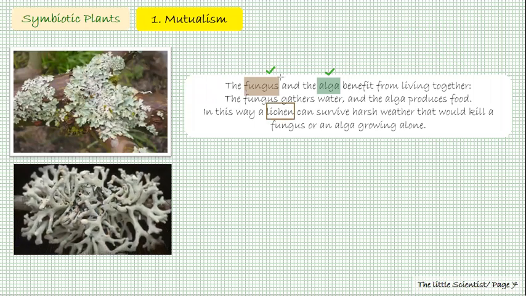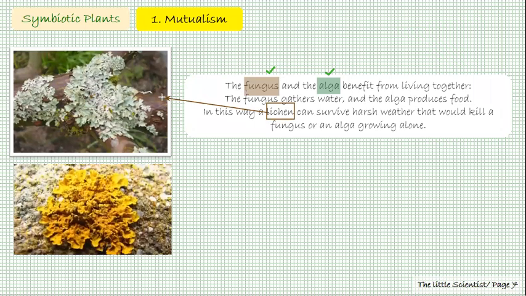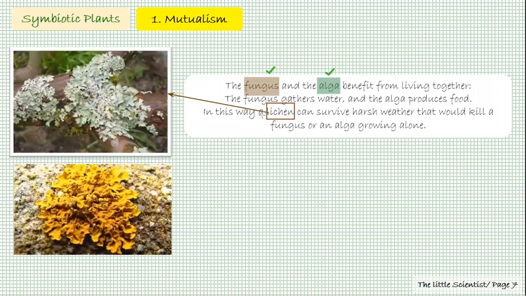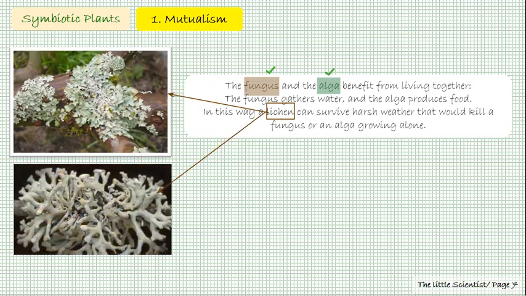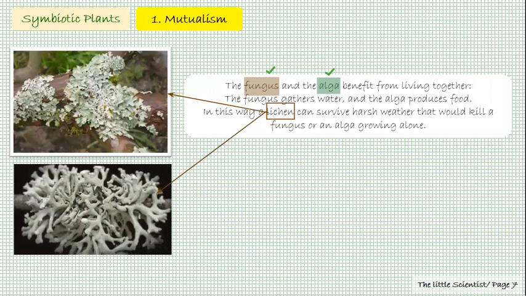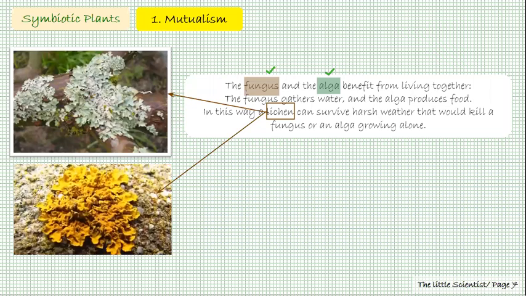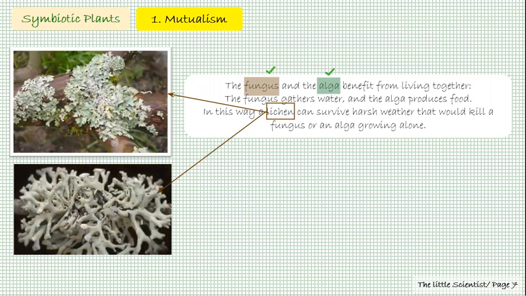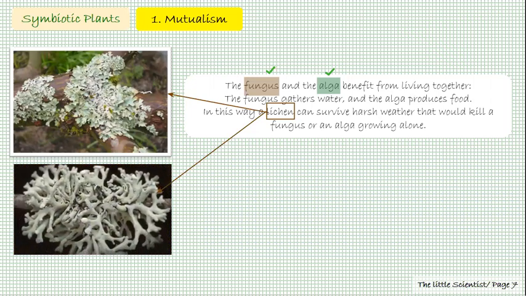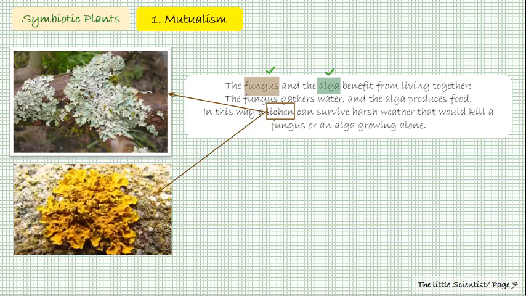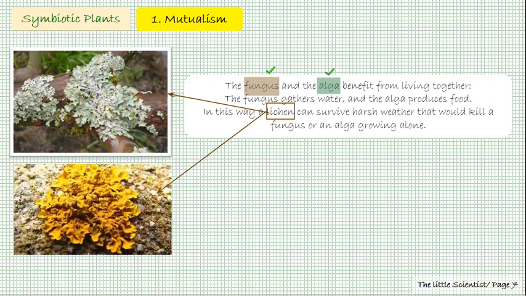Okay, and here is the lichen shown in these figures. So the alga alone cannot live, cannot make its own food. The fungus too, it needs another organism to provide it with food. So both are helping each other.